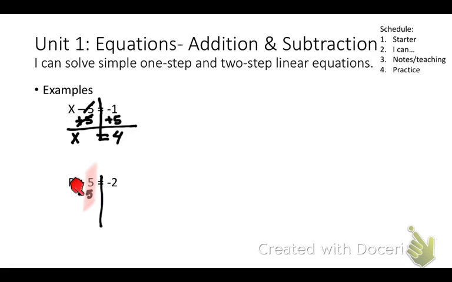Well, if I add 5 on this side right here, subtract 5 on this side right here, I have to subtract 5 on this side. So I say subtract 5. Now these cancel out to 0, and I have P equals, and now I use a calculator and I say -2 minus 5, and that gives me -7.